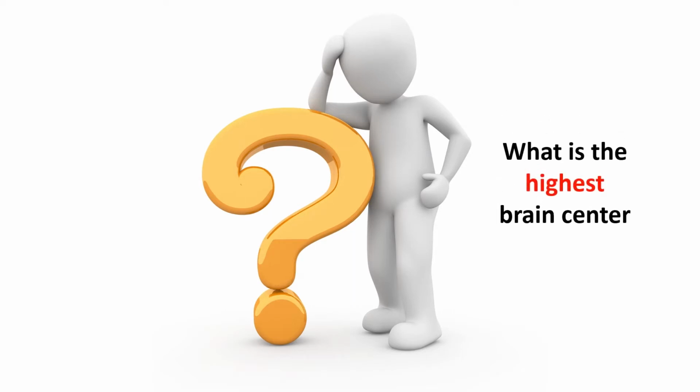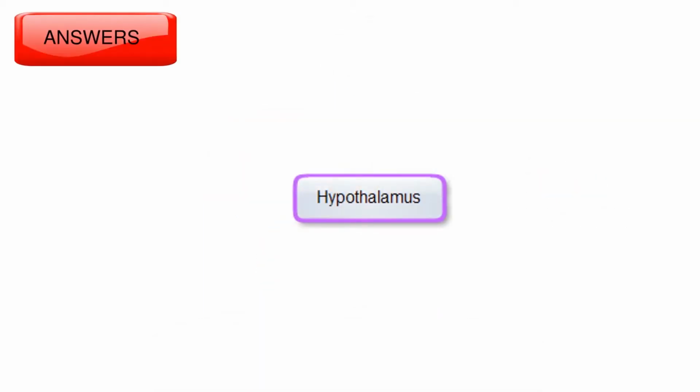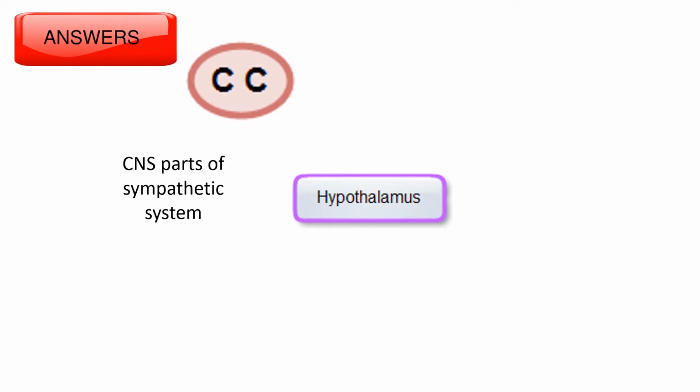The next question is, what is the highest brain center controlling sympathetic activity? The answer is the hypothalamus. It is the main central part of the sympathetic system. It receives influence from the cerebral cortex.